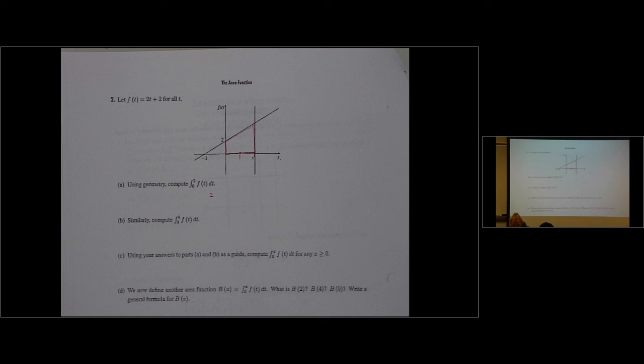Second scenario. Now you've got a line, you're still trying to find areas, so you start by finding the areas at a couple of x values. But your goal is to find a pattern, so you can find the area for any x.